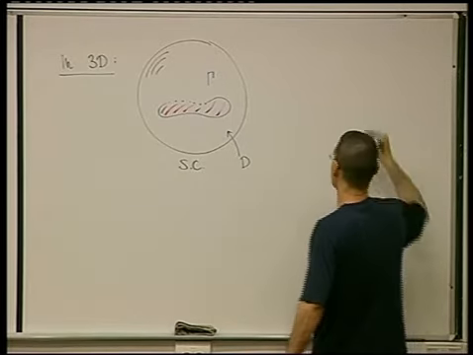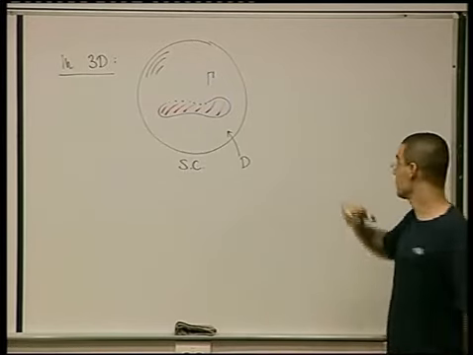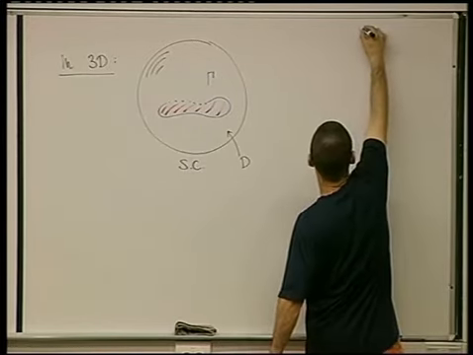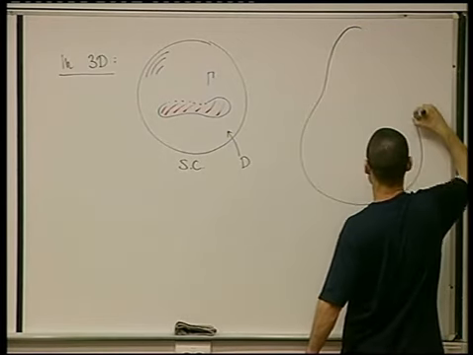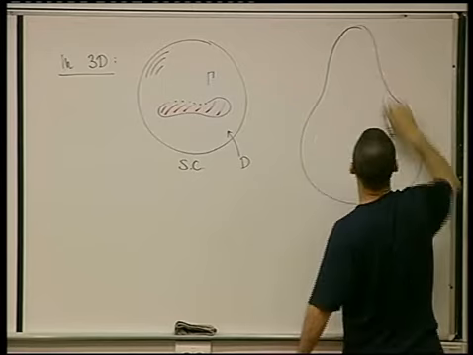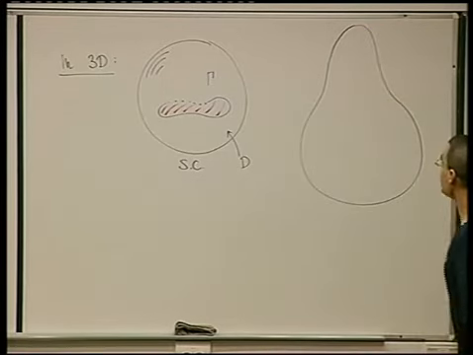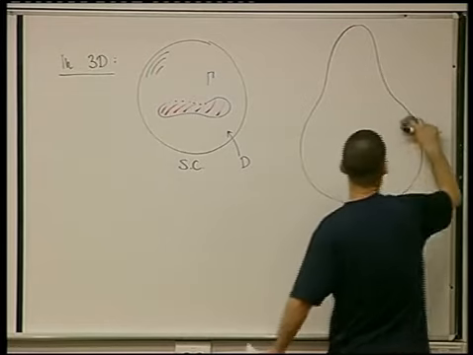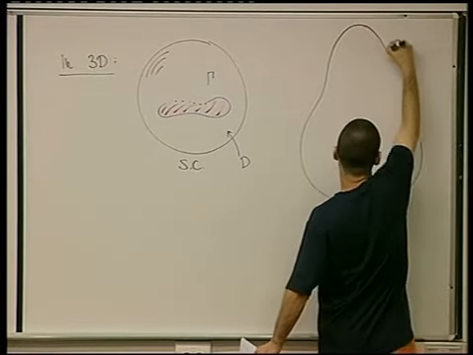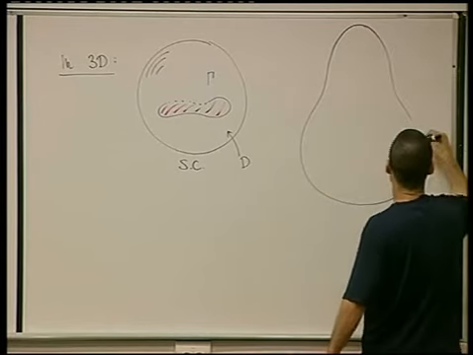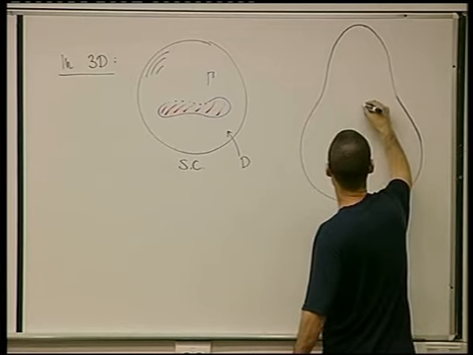Let's look at another example. Let's look at an avocado. So here's an avocado. But I'm only going to look at the part of the avocado which we eat. So inside here, I'm going to make a hole.